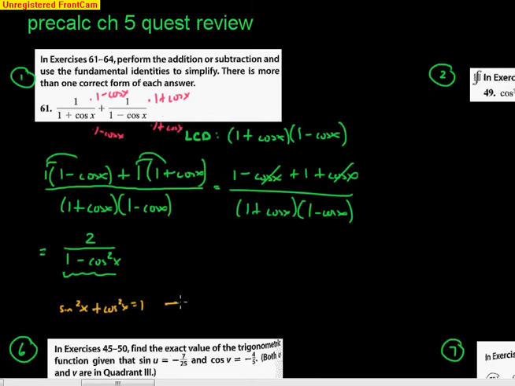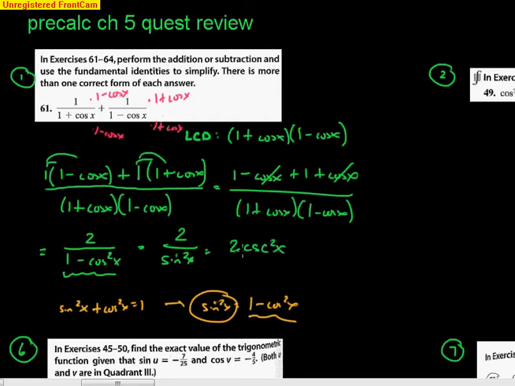If I subtract cosine squared x from both sides, I get sine squared x equals 1 minus cosine squared x. So this is 2 over sine squared x. And a sine in the denominator is the same thing as a cosecant in the numerator: 2 cosecant squared x.